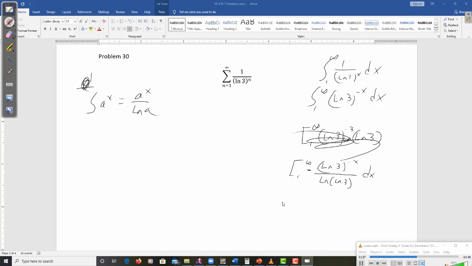So all of this is just a constant, negative 1 over ln of 3, times the limit as x goes to infinity of ln of 3 to the negative x minus ln of 3 to the negative 1.